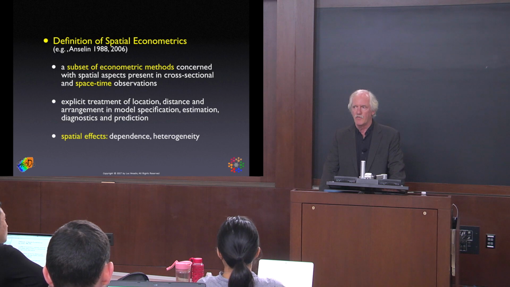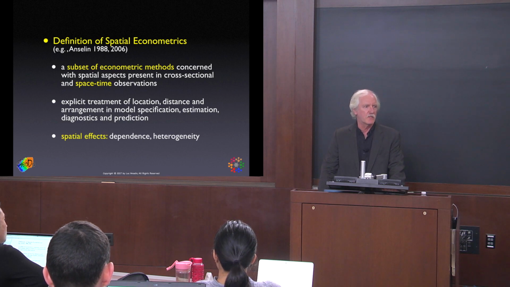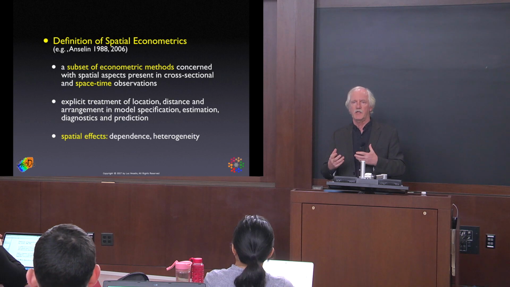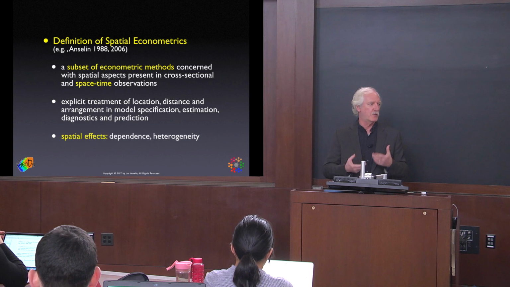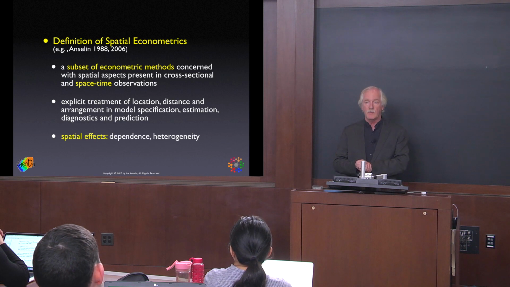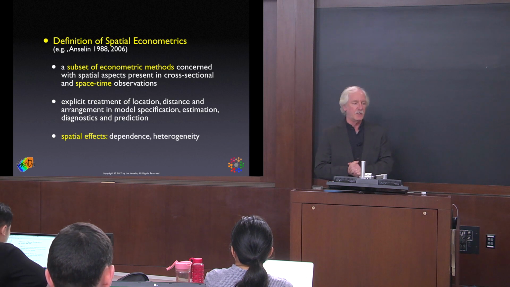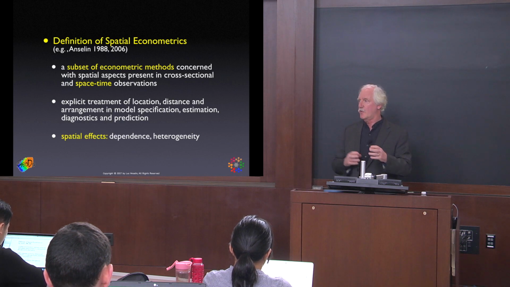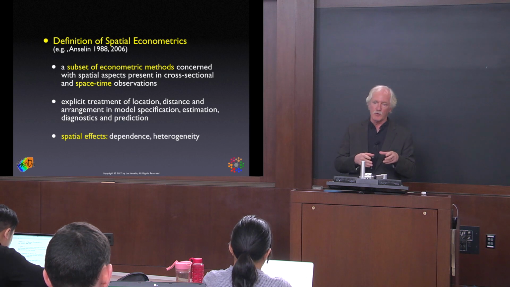But originally this came out of regional economics or regional science. So it was a concern of how do you put these spatial theories into regression form and how can you estimate them. The differentiating characteristic is that you have an explicit treatment of location, where the observations are, distance and arrangement. So location is absolute location.